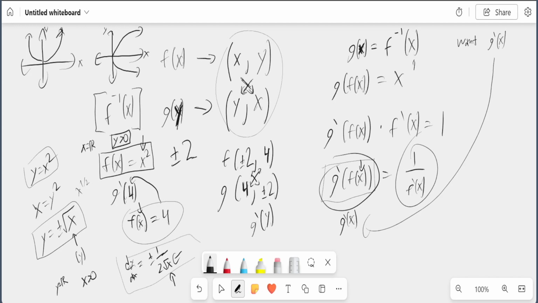Because if we plug in 2 for x, right, f inverse of 2. Oh, okay. So, it's kind of difficult to explain this. It's still a function of x, but our f is actually a function of y.